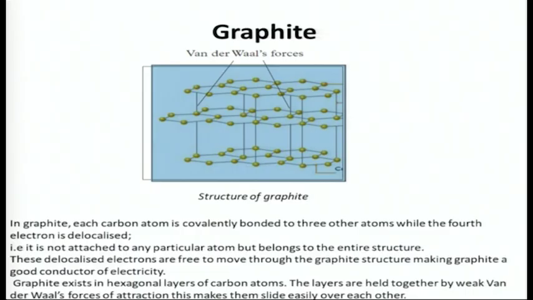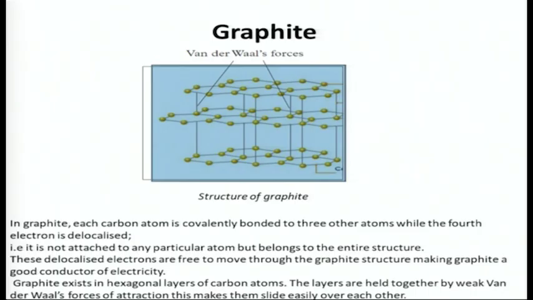But for the case of graphite, each carbon is bonded to only 3 carbons, all right? Only 3 carbons. And another electron is just free. It's delocalized. So it is not attached to any particular atom, but belongs to the entire structure. That is the structure of graphite.